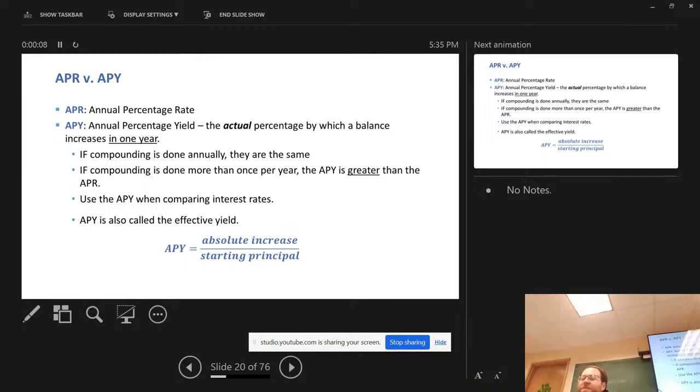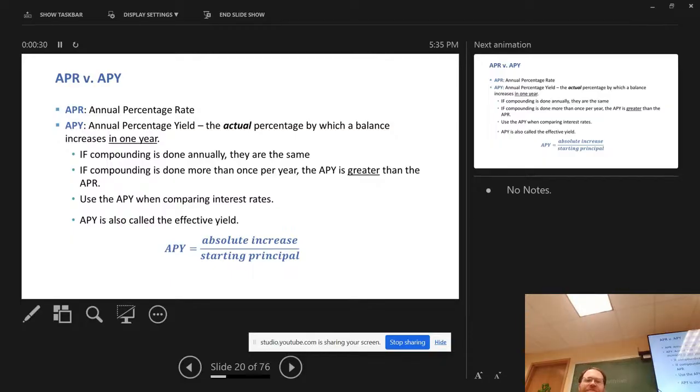So APR, annual percentage rate. Think of that as the interest rate that we've been using in all of our calculations. APY, annual percentage yield, is the actual percentage by which the balance increases in 1 year.